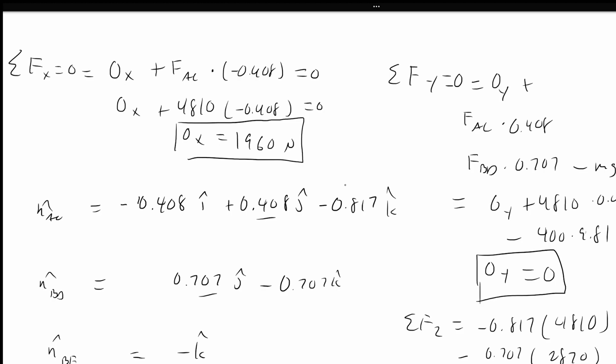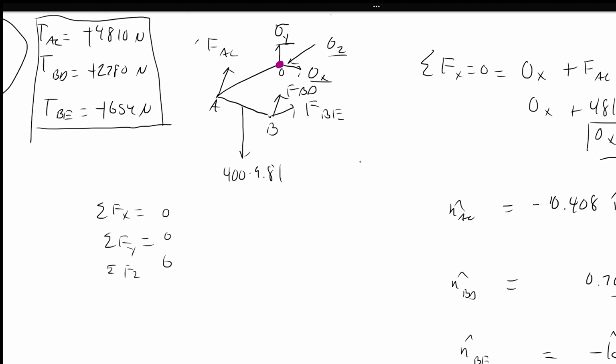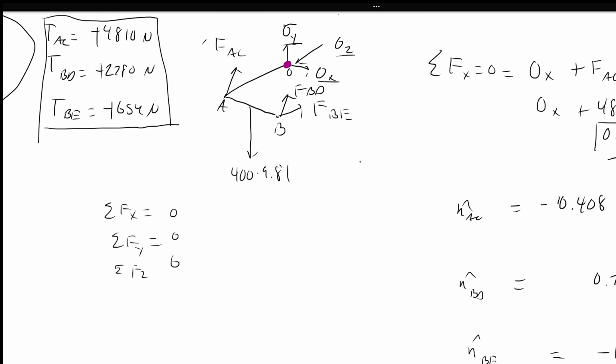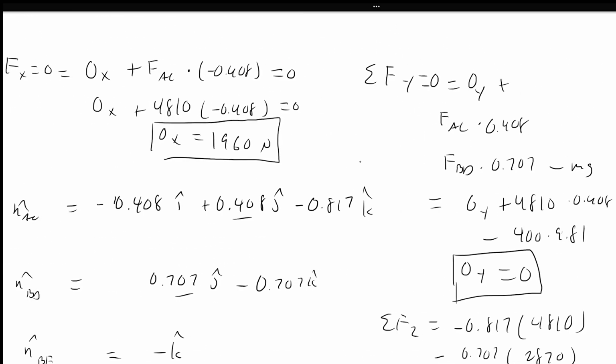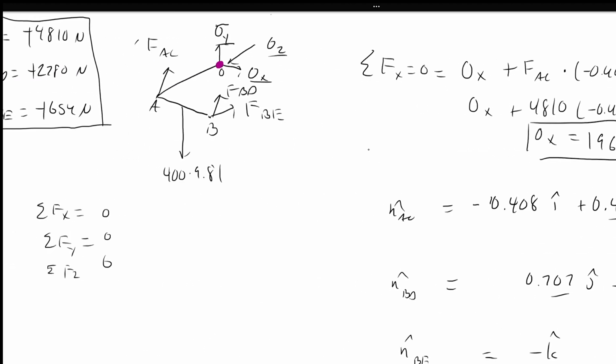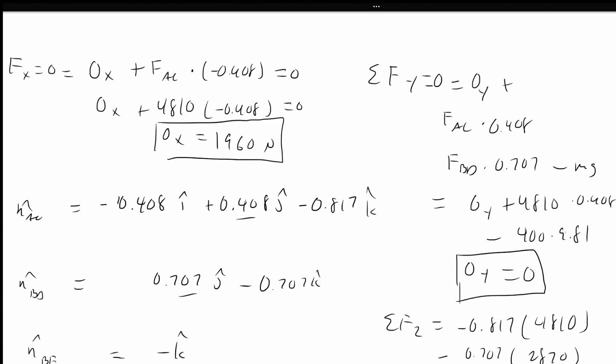And minus k hat is just 1, so minus 1 times whatever BE is. BE is 1654. Alright, so I'm going to plug that into my calculator. 3810 minus 0.707 times 2870, times minus 1654. So minus, does that match the thing?